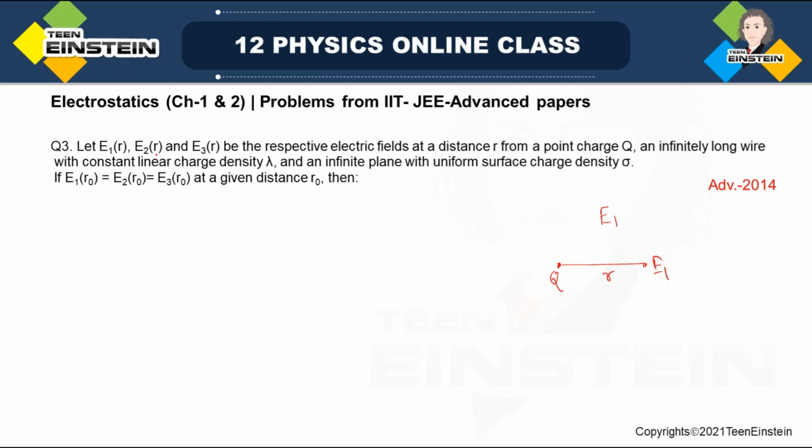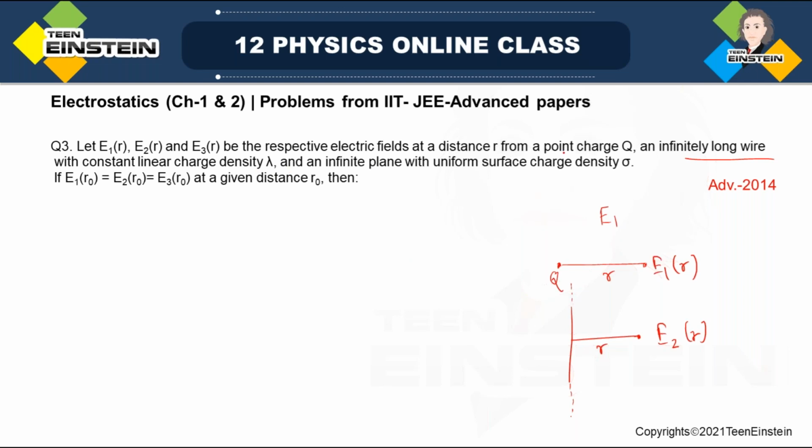Then E2 is the electric field produced at some point R by an infinitely long wire. So if I have an infinitely long wire, then it produces an electric field at R distance, that is actually E2(R).